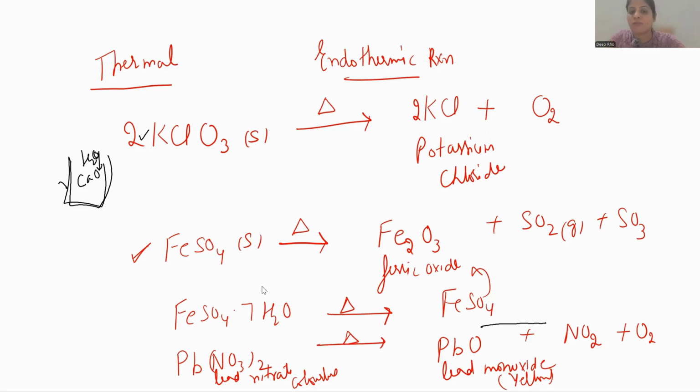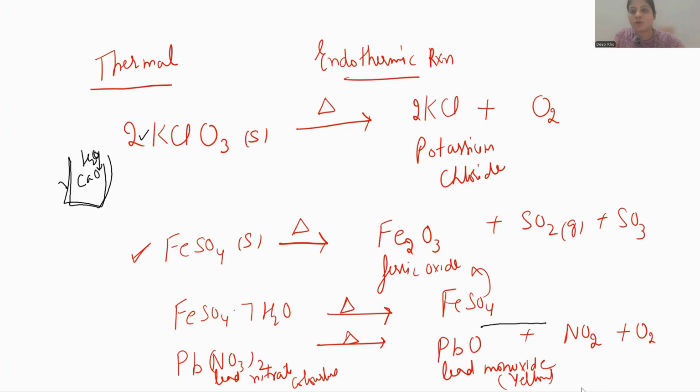You must have heard of ferrous sulfate, which is actually green vitriol, when it has water of crystallization, FeSO4.7H2O, this is a hydrated salt. When it is heated, it gives you ferrous sulfate, FeSO4, which is an anhydrous salt. Anhydrous is the salt which loses its water of crystallization.